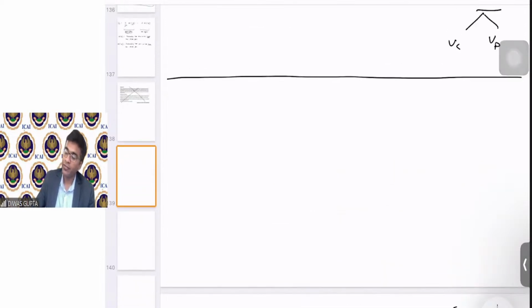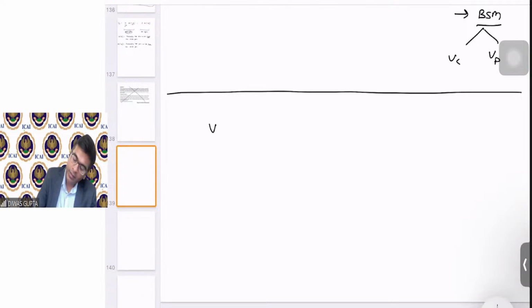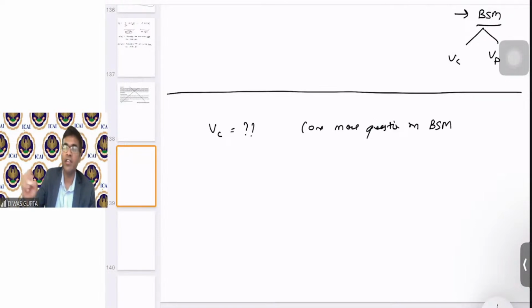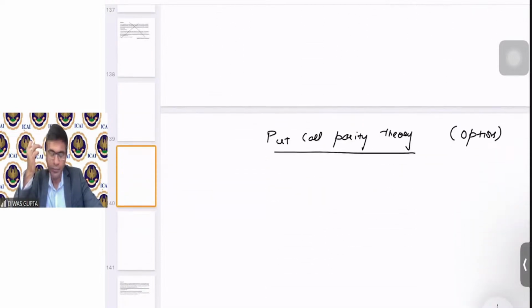And one more thing, for call option valuation we have one more question on the Black-Scholes model, that we will cover tomorrow morning. I will revise the same concept tomorrow morning also, so that it will be crystal clear. As of now, let's discuss the put call parity theory, because in that question there is a use of this theory as well.